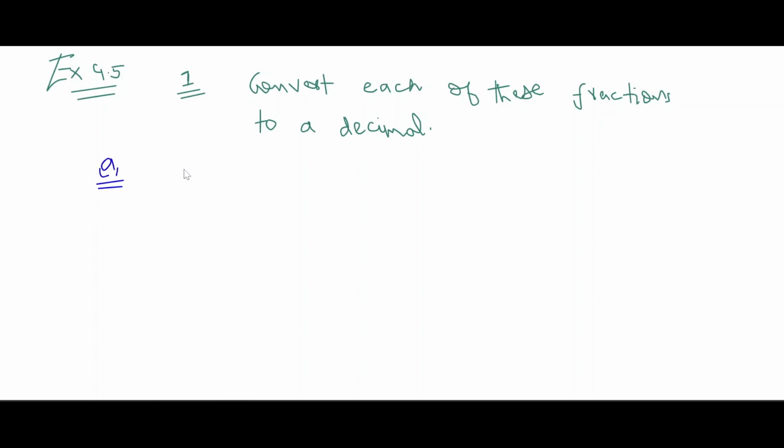Part A, 3/8. It's like this: 3, there should be a point and a 0. Now we will divide 30 by 8. It's like 3.0, but you should think of it like 30.